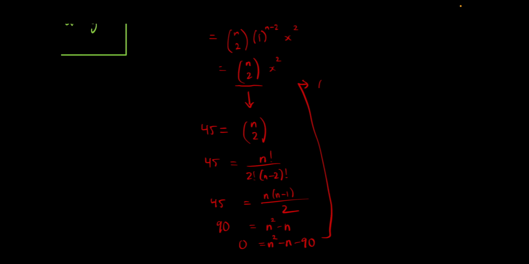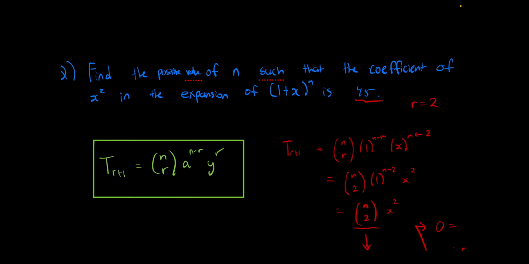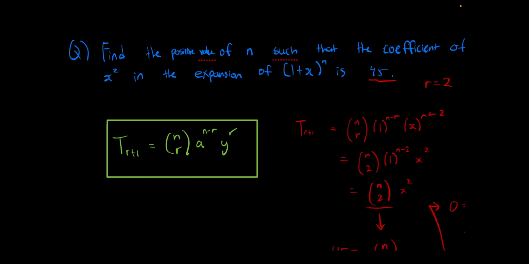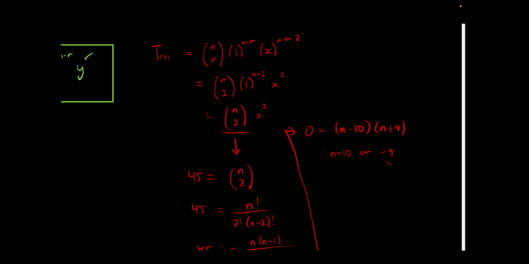So this becomes n minus 10 times n plus 9 when you factor it. And therefore, n equals 10 or negative 9. But the question says that we're trying to find the positive value of n. So we have to reject the negative number. And therefore, n is just equal to 10.